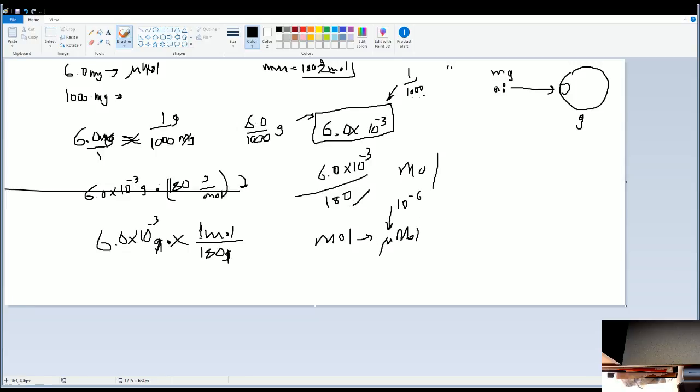So you have this number, micromoles, let's say you have a mole and you want micromoles. You have the bigger thing, you want to go to the smaller thing, so you divide. Or do you multiply?